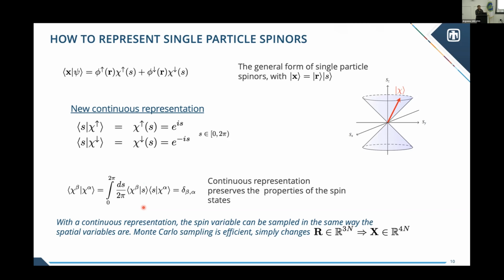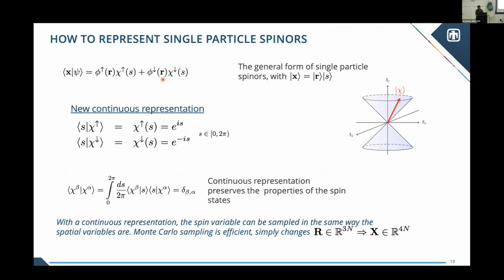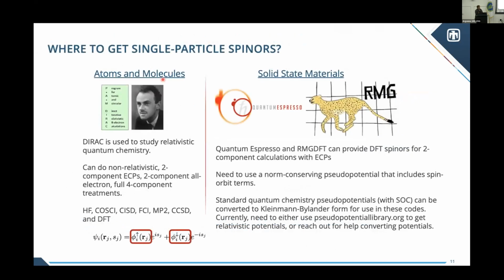So you have a 4n dimensional Monte Carlo sampling in real space. And that is fairly straightforward. It also gets rid of the problem with the energy fluctuations that I described, because now you're always averaging between the up and the down channel in some fashion with these phase factors.